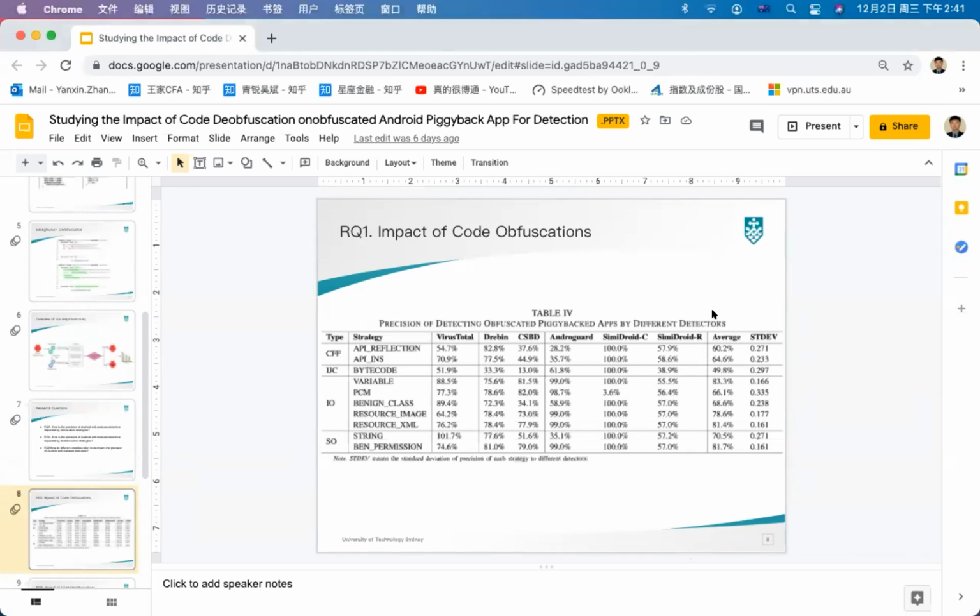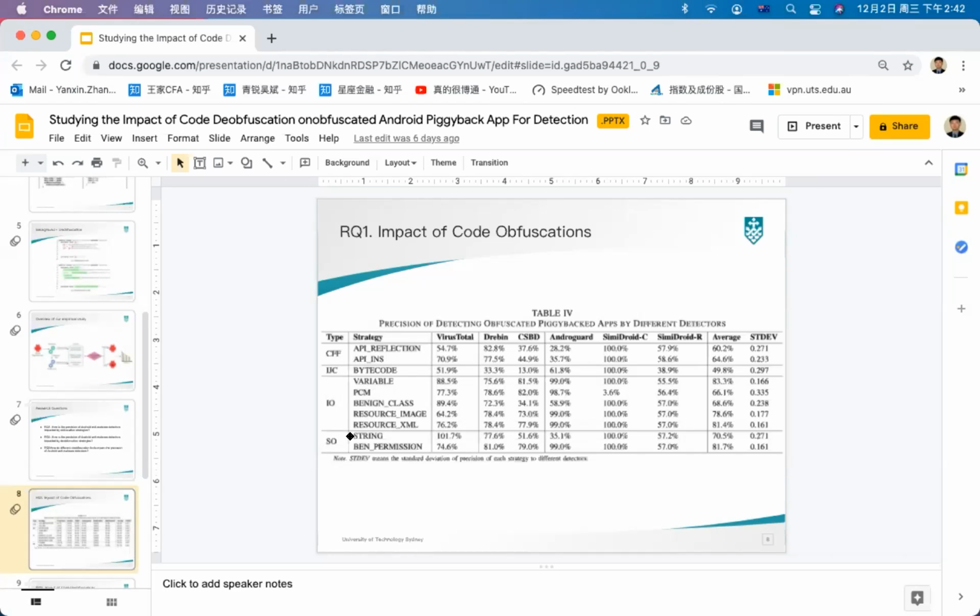This table shows the influence of the obfuscation strategies. Here is the abbreviation of the strategies, and each term represents a kind of obfuscation strategy.